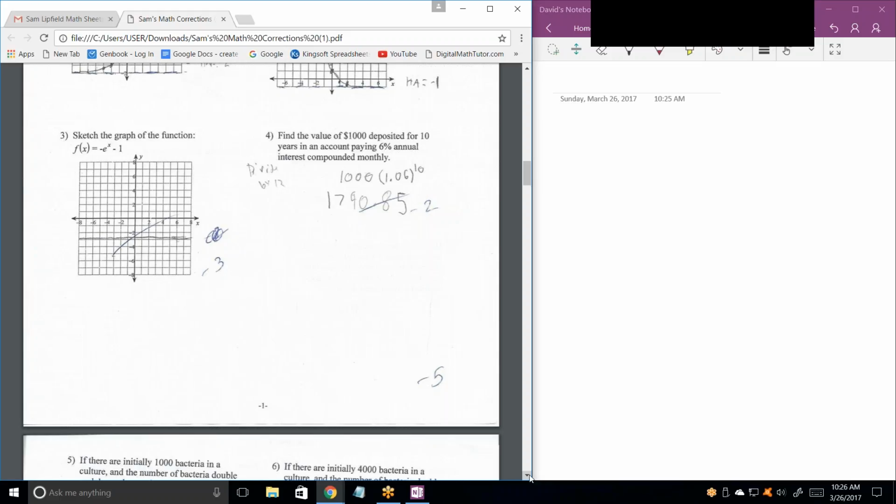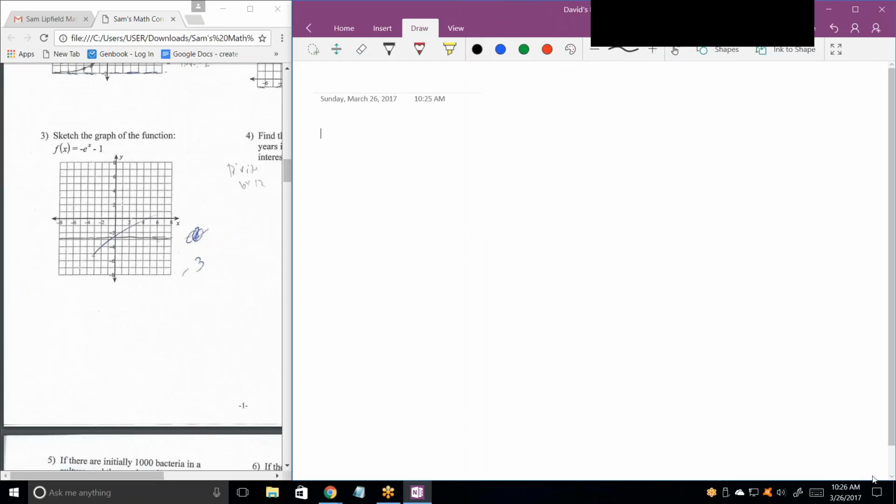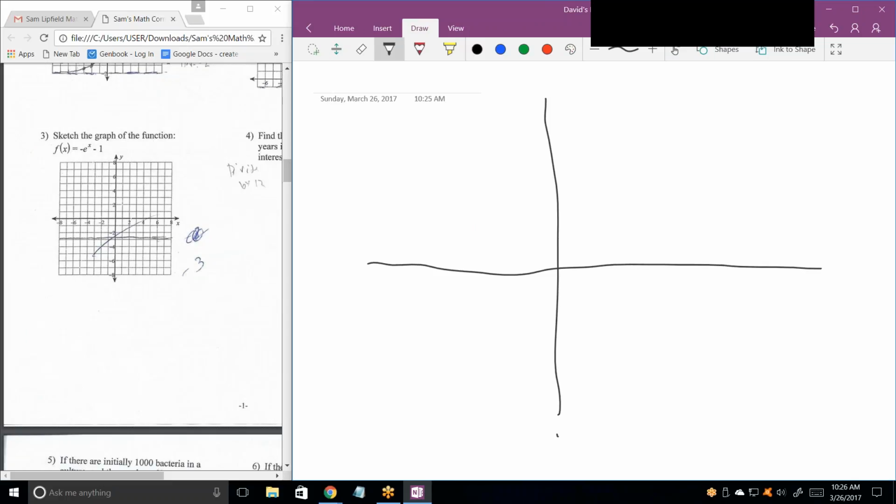All right. Let's talk about this graph. This is definitely one of your 10 elementary functions, and you need to be able to know what the parent graph looks like. So if I were to say y equals, what's the parent function that I want to know how to graph?